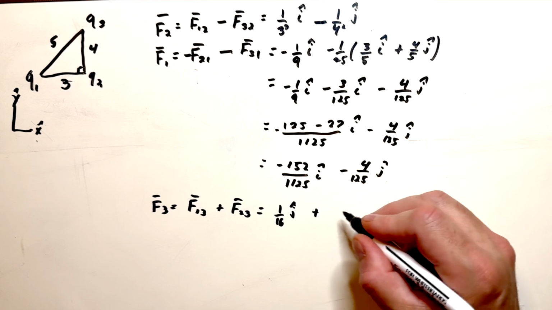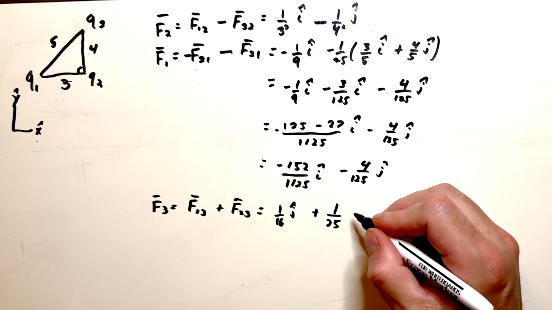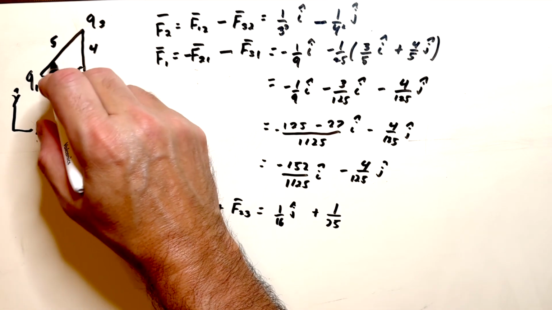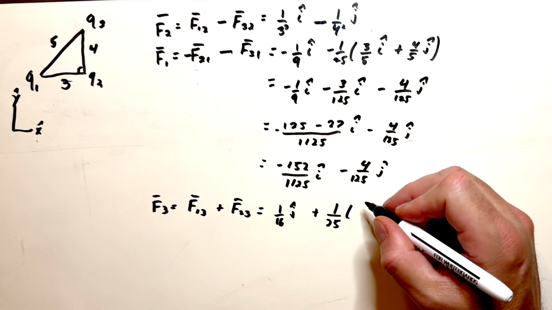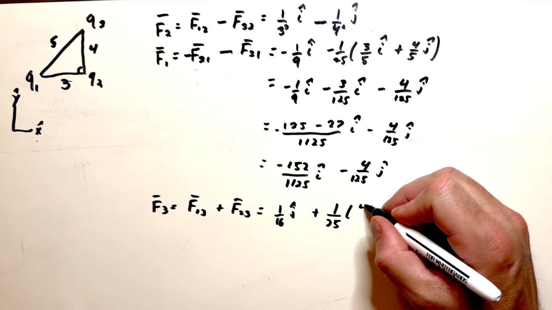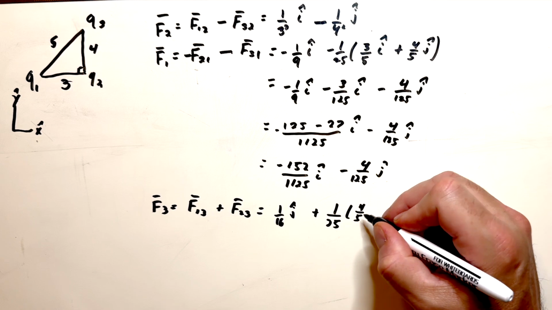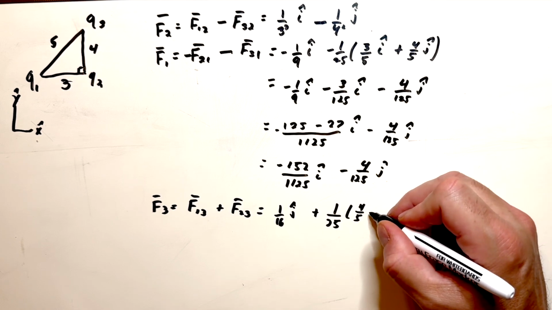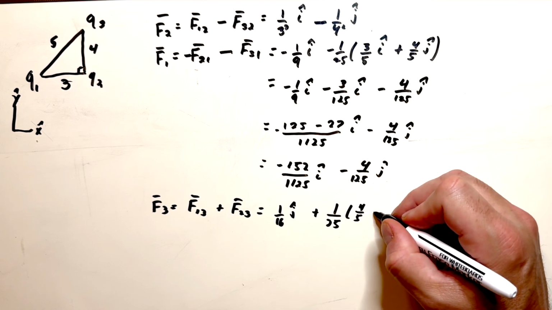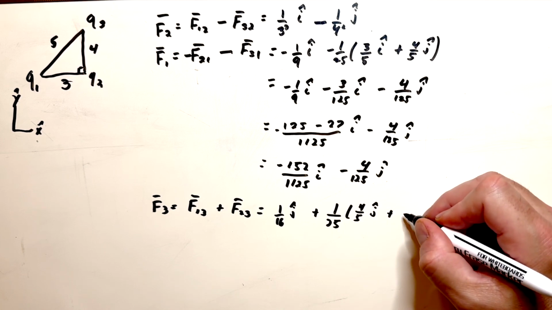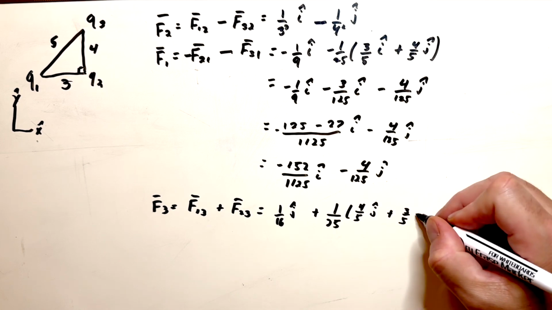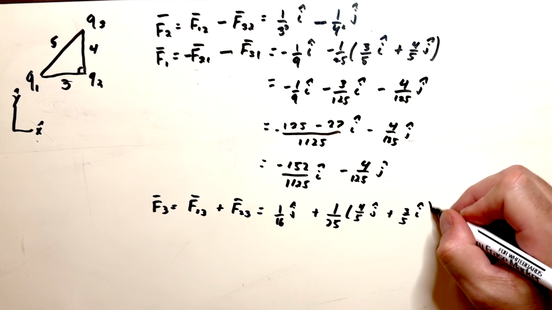And then we'll have 1 over 25 again, because 5 squared is the magnitude between Q1 and Q3, times 4 over 5 for the y direction, plus 3 over 5 for the i hat direction.